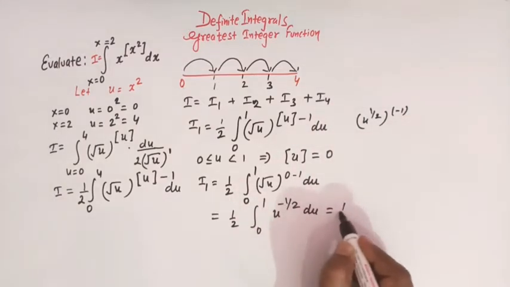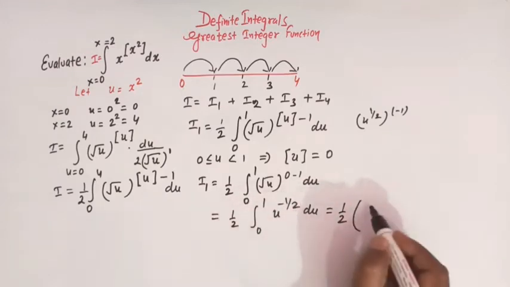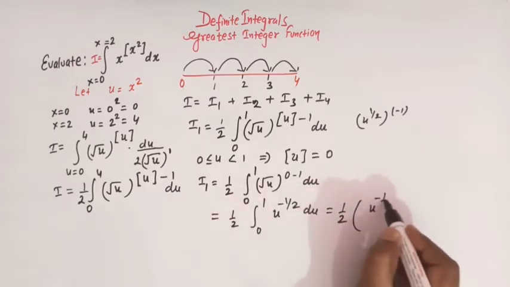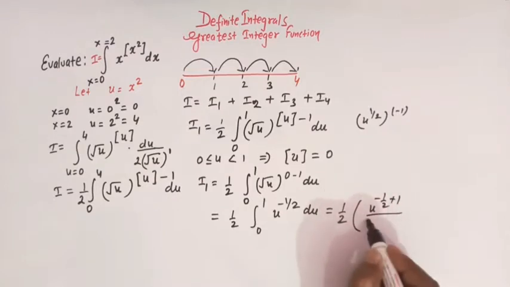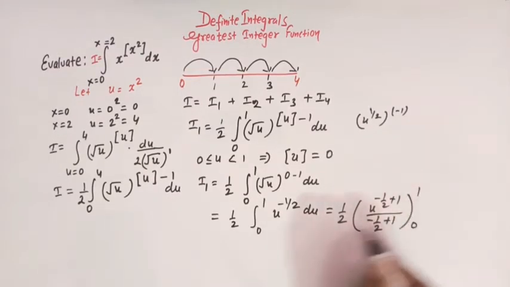The integral of u raised to minus half is u raised to minus half plus 1 over minus half plus 1, with limits from 0 to 1.